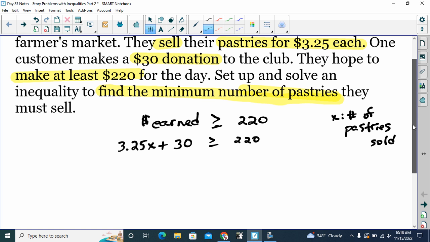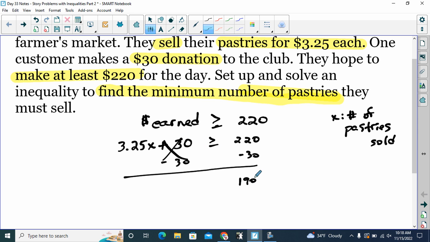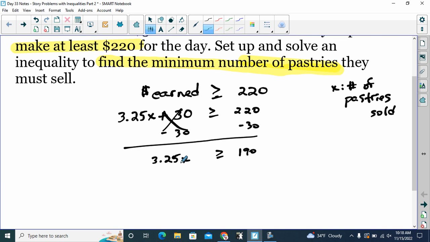From here, we can solve our inequality. Subtract 30 from both sides. These cancel. I get 190. I bring down my 3.25x, that's important. This means 3.25 times x. We undo multiplication by dividing.